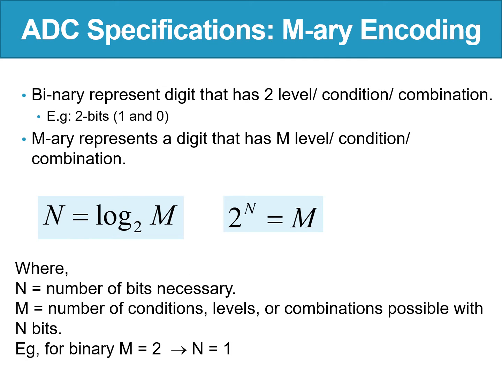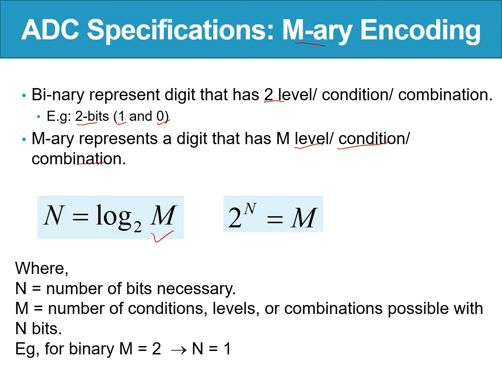For the first ADC specification, here is M-ary encoding. Binary represents a digit that has two levels, conditions, or combinations. For example, 1 bit has 1 and 0. M-ary represents a digit that has M levels, conditions, or combinations.